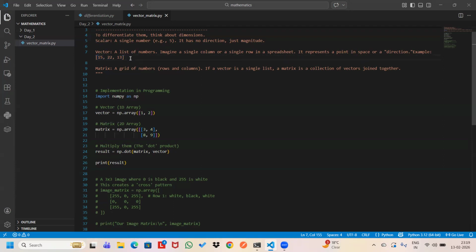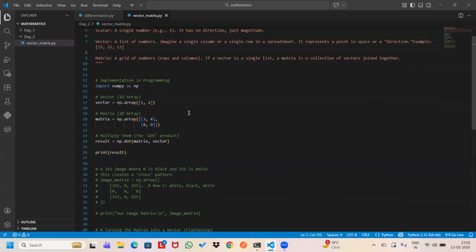But I want to store the same thing, height, weight, and age, for so many people. Then the matrix will come, and with the help of a matrix we can store all the records of so many persons in that order, height, then weight, and then age. So it will be helpful.